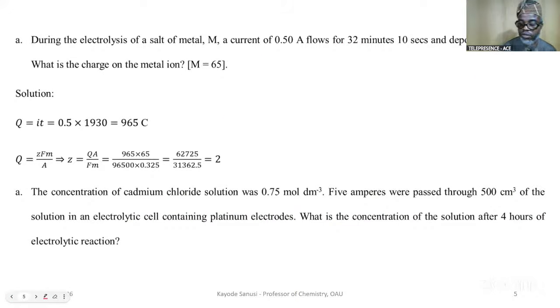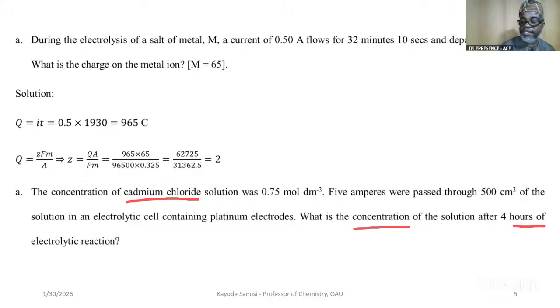The concentration means that we need to know how many moles of these reactant molecules were left after 4 hours of the electrolytic reaction.